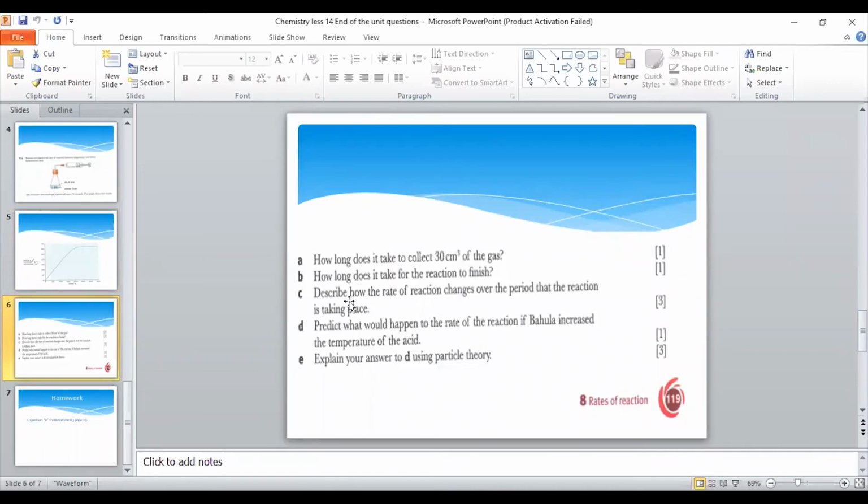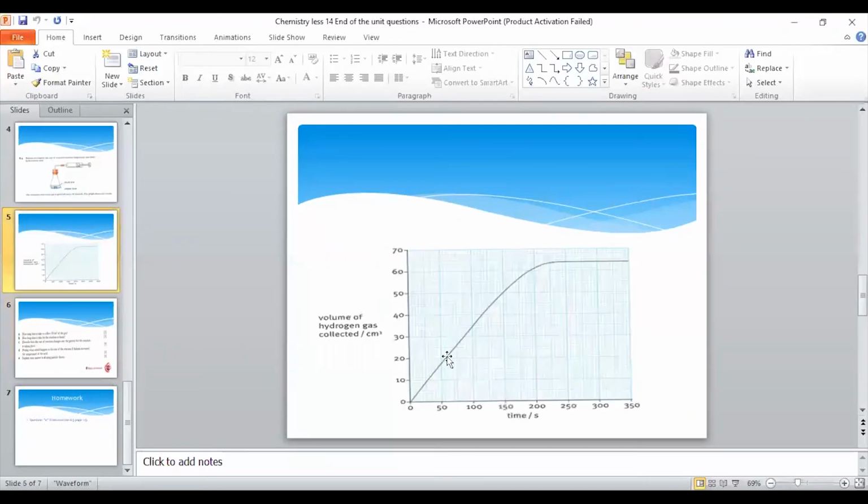So what's the other question? Describe how the rate of reaction changes over the period that the reaction is taking place. We said that the reaction stopped at around 225. At the very beginning of the reaction, is it the fastest reaction or the slowest? Fastest, very fast. So where is the fastest part?